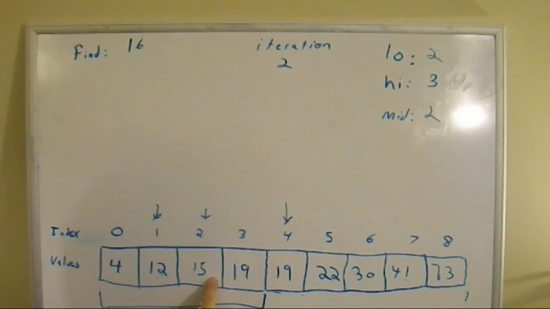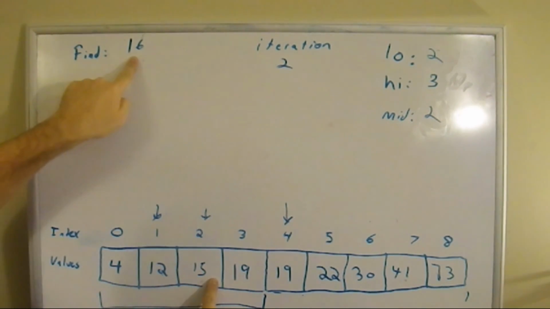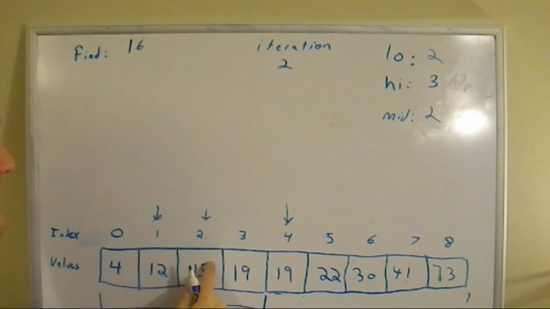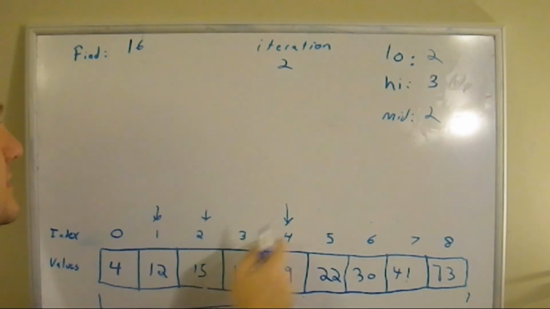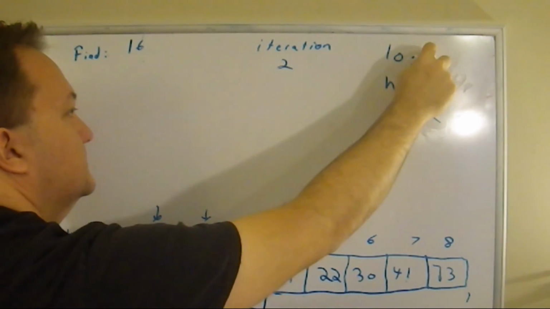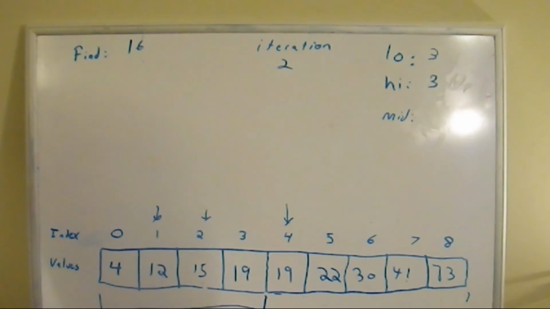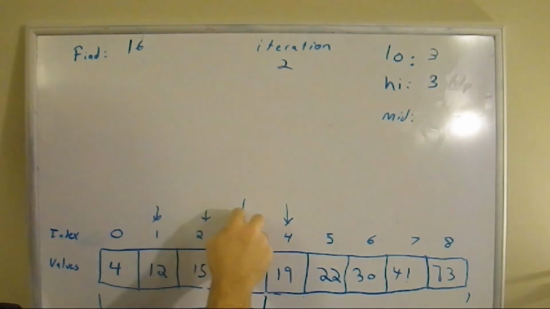So is 15 higher or lower than 16? I see that it's lower, so I'm going to raise my low point up to 3. Now I'm going to search 3.